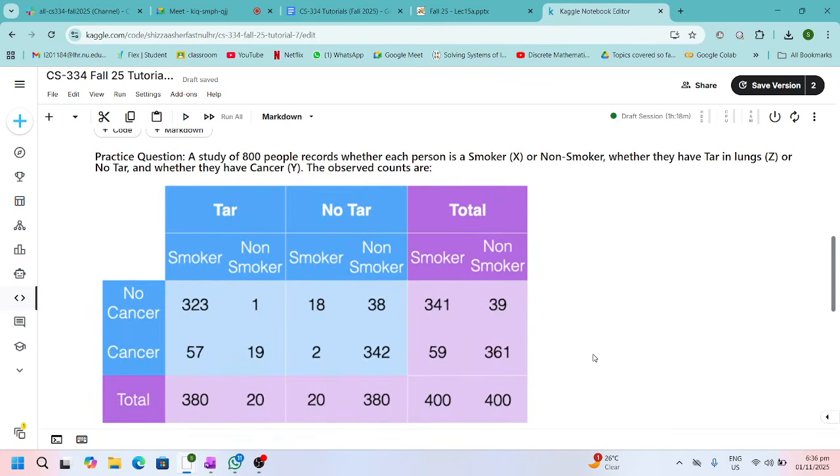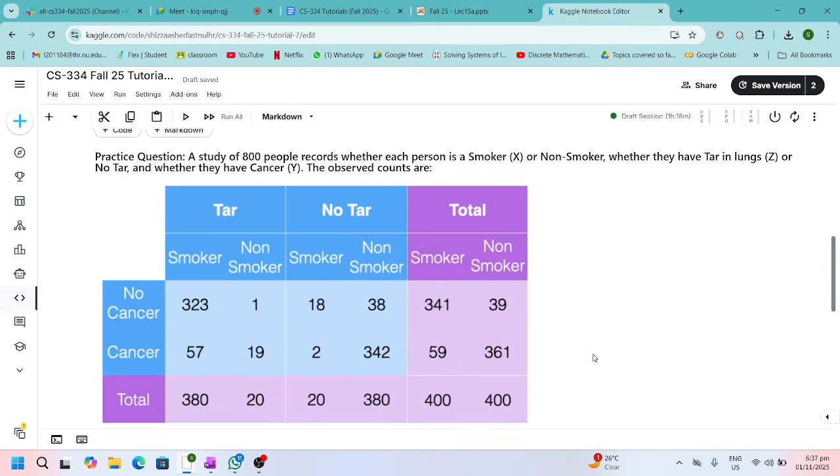solve this example. So to make things simple, we are using the exact same example using numbers जो अभी हमने ऊपर discuss किया. So, a study of 800 people records whether each person is a smoker, X, or non-smoker. So, X exactly यही था, whether a person smokes or they don't.